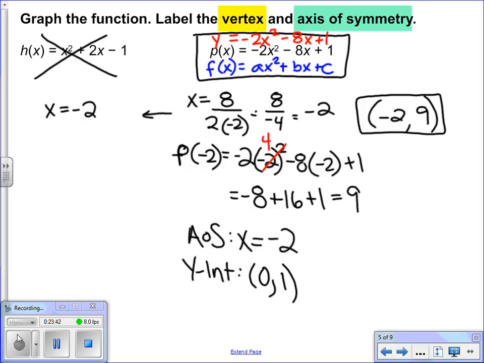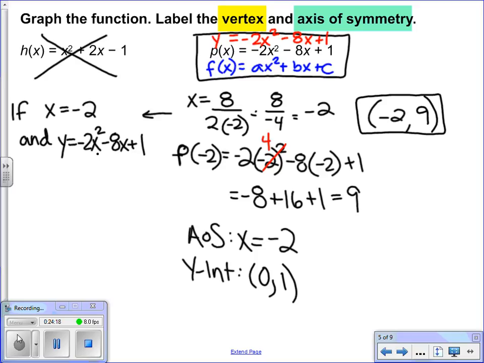So then, if x equals negative 2, and y equals negative 2x squared minus 8x plus 1, how can you find y? Isn't that what you're doing down here though? So why are you equaling it to 9? Would you agree that I should substitute it in? Yeah. Which is what I did over here. And then I'm just doing order of operations.